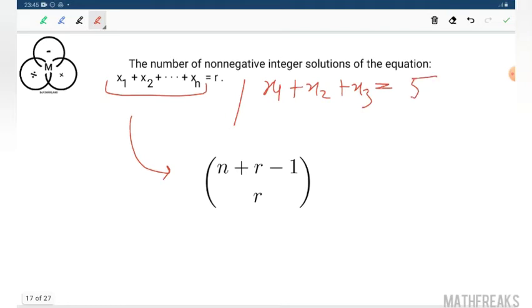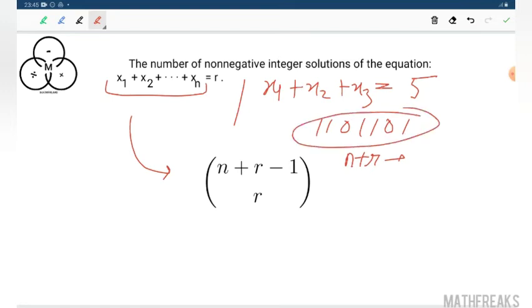We have seen the simple binary arrangement 1 1 0 1 1 0 1. This is one possible solution, one possible ordered pair. So we can select the position of 1 from the empty spaces. The total number of spaces is n plus r minus 1, and the number of 1 is equivalent to this. Which is the formula.